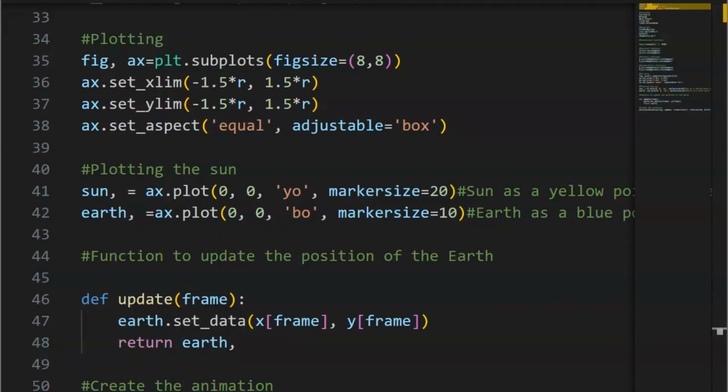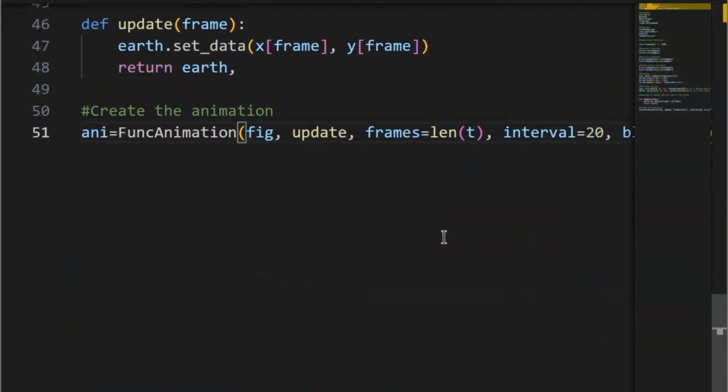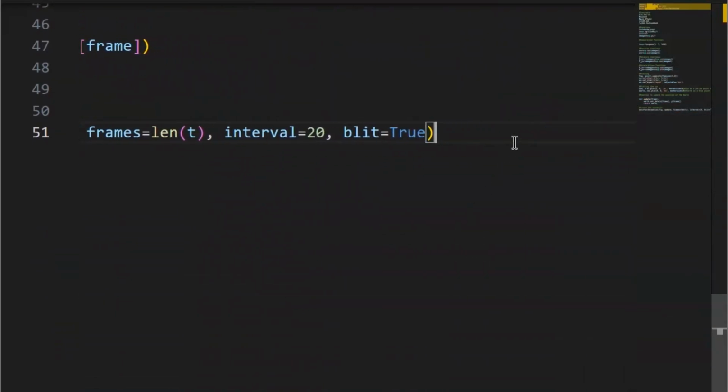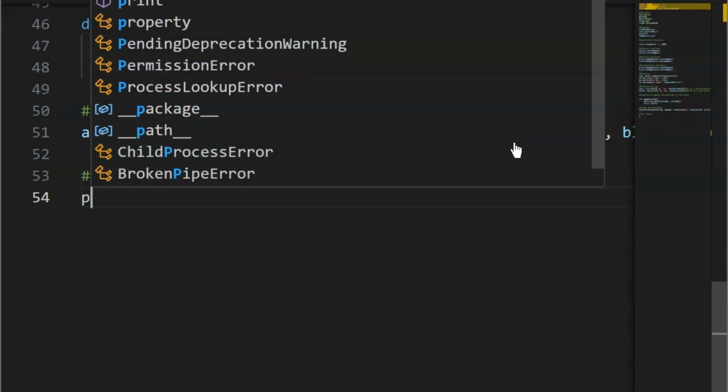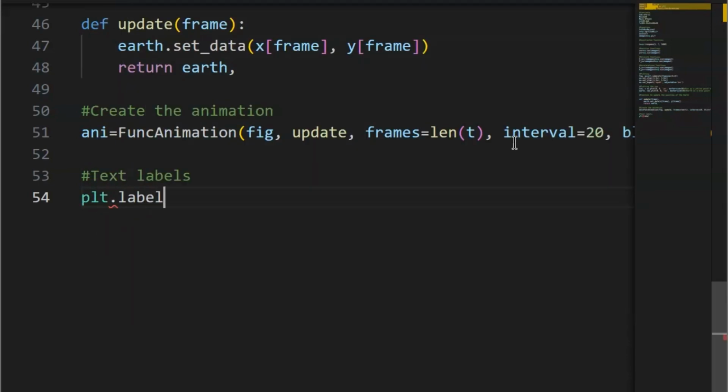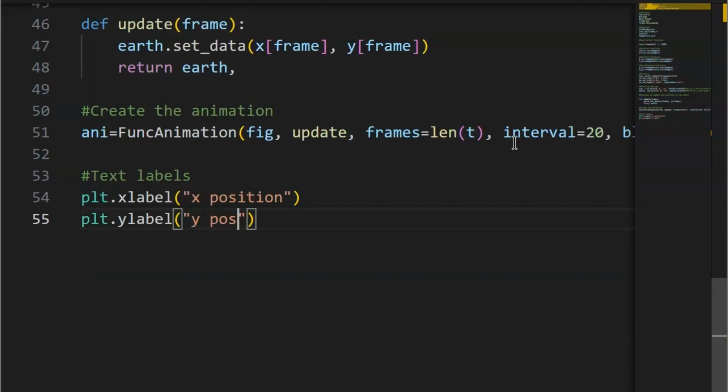For the last part, we are just going to be playing with the labels and titles and stuff. So I'm just going to say text labels. First of all, we are going to add the axis labels. The x-axis label, I'm just going to say x position. You can name it whatever you want. The y-axis label, I'm going to name it y position.